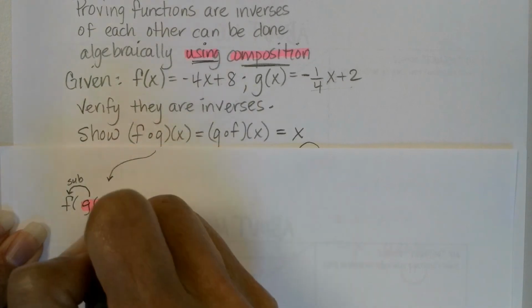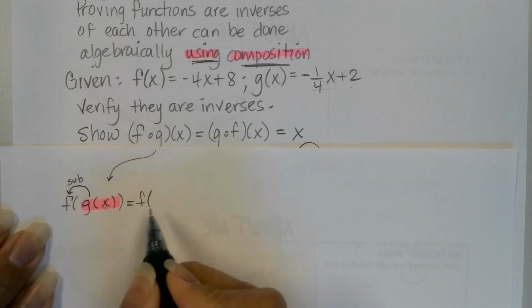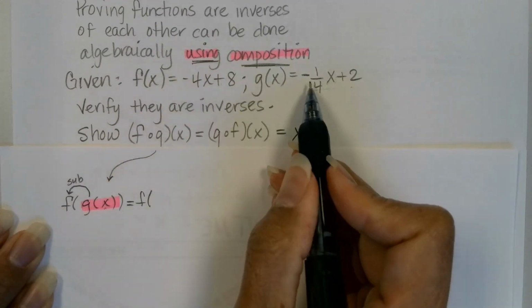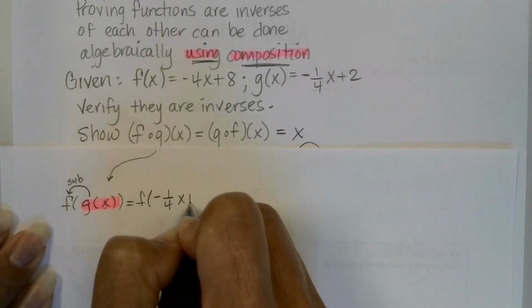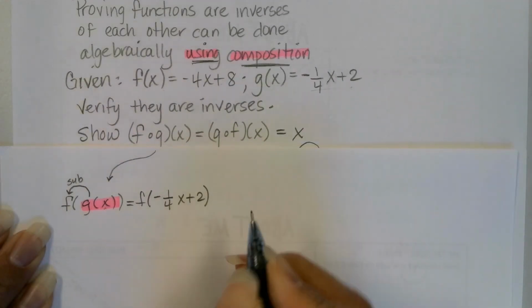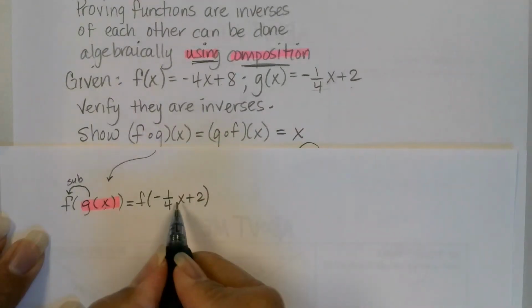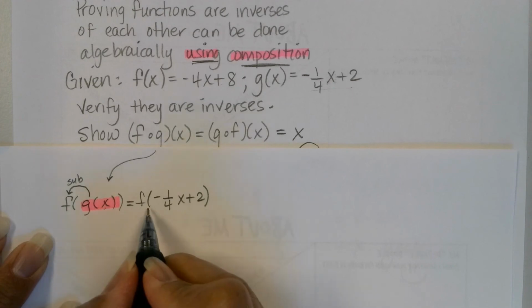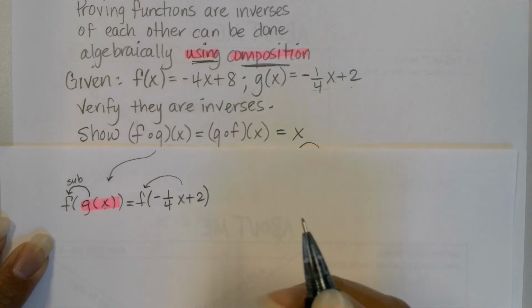So let's find our g function because we don't have an x to plug in. Our g function is this one right here, negative 1/4 x plus 2. So instead of plugging in a number, we're plugging in an expression. I have to take this whole thing and put all that stuff into my f function.